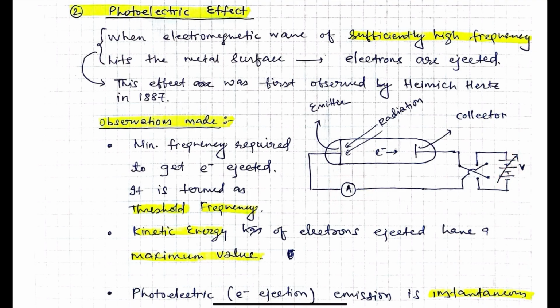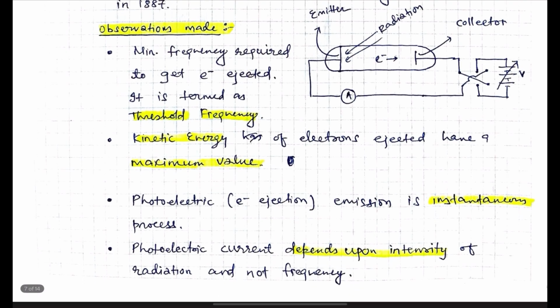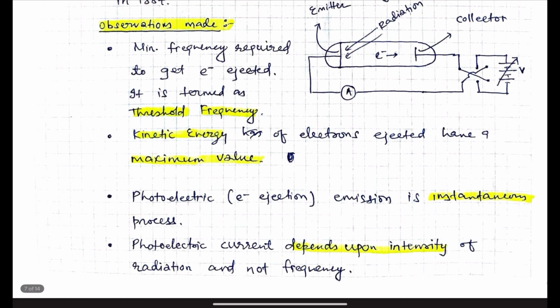So they performed this particular experiment, and then some observations were made, exactly 4 observations. First, there is a minimum frequency required to get electrons ejected, and it is termed the threshold frequency. Second, the kinetic energy of electrons ejected has a maximum value. Third, photoelectric effect or electron ejection is an instantaneous process.